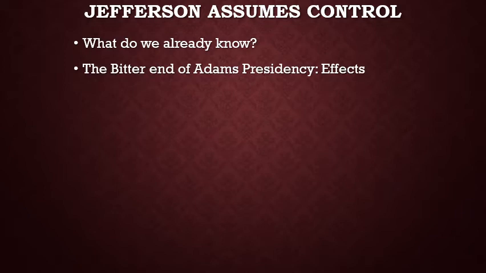after losing the election in 1800, things do not go particularly well for John Adams. John Adams could be a very spiteful guy, and by the end of his presidency, he's not liked by his own party, the Federalists, nor is he liked, obviously, by the opposition party, the Jeffersonian Republicans, Anti-Federalists, or Democratic Republicans.